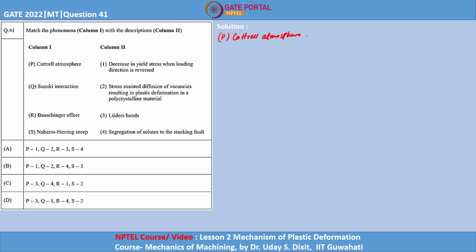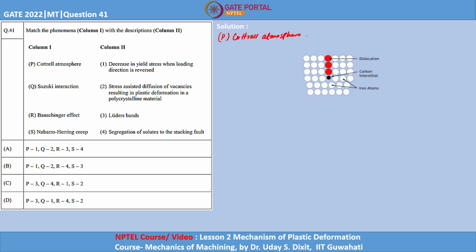In a material like low carbon steel, where we have iron and carbon as an alloying element, carbon is present in interstitial places. In order to minimize the system energy, this carbon atom will diffuse and reach the dislocation line, diffusing along the dislocation line.